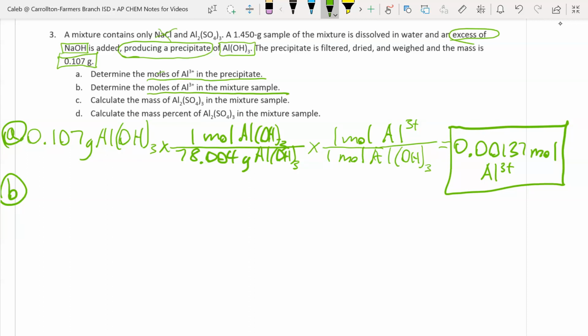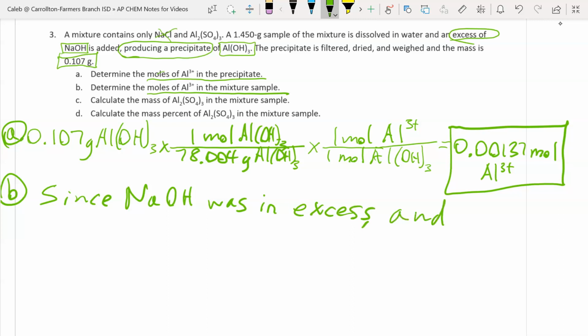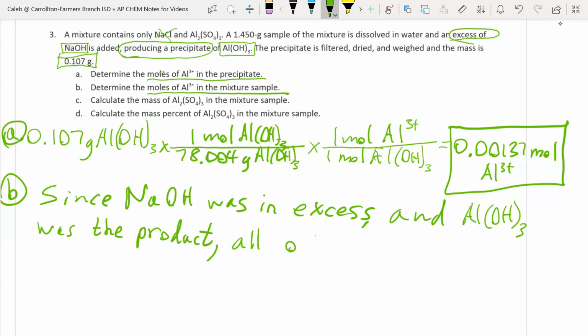Well, since NaOH was in excess, and Al(OH)3 was the product, then all of the Al3+ ions were consumed in the reaction.